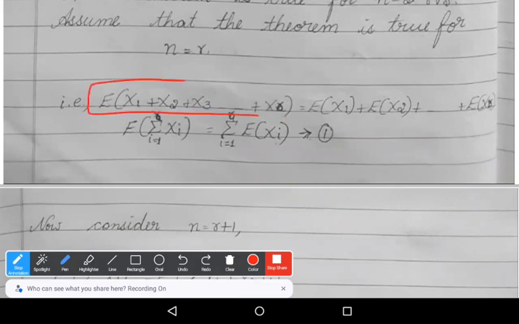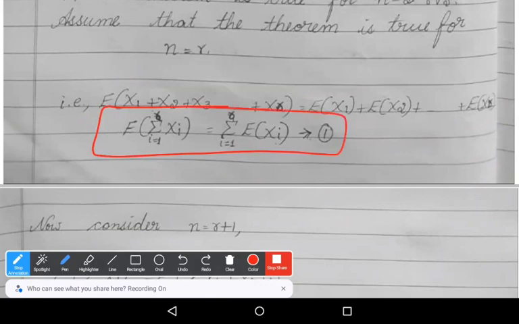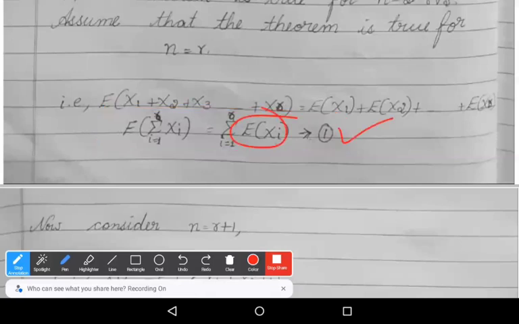Expectation of x1 plus x2 plus and so on plus xr is equals to expectation of x1 plus expectation of x2 plus and so on plus expectation of xr. That is, expectation of summation i is equals to 1 to r xi is equals to summation i is equals to 1 to r expectation of xi. Let it be equation number 1.